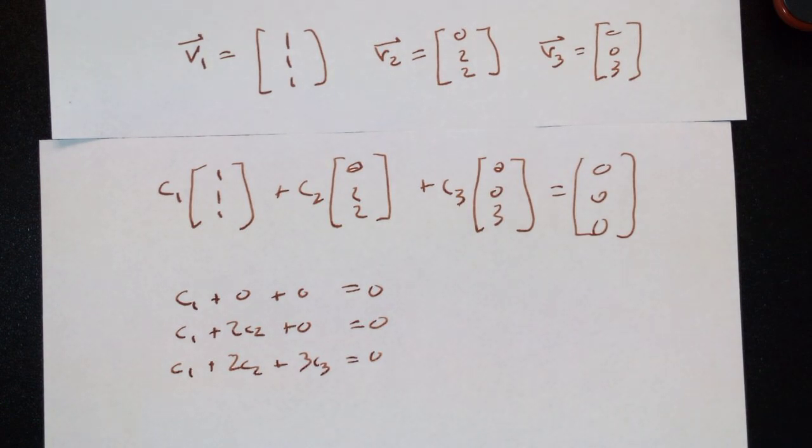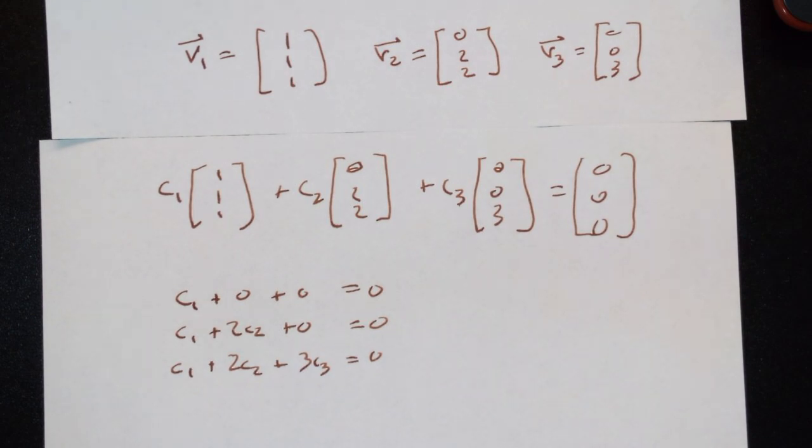But you just said I was going to do reduced row echelon form. What do I do reduced row echelon form on? I would do row operations on something.